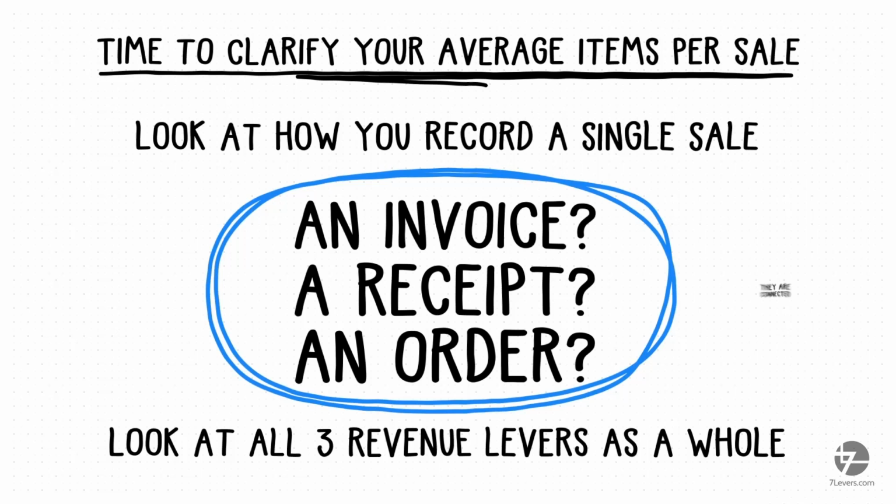This is part of the way that these 3 levers are connected. They use these 2 concepts across all 3 of the levers. So you may need to come back to this lever after you've gone to the next lesson, transactions, and defined clearly what a sale is, or to work together on all 3 at the same time.